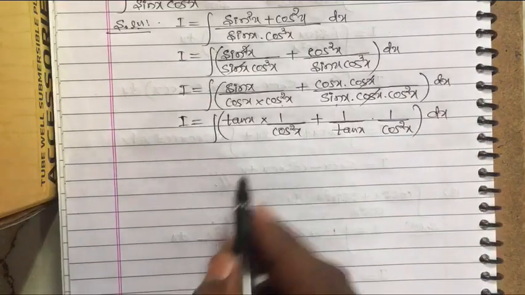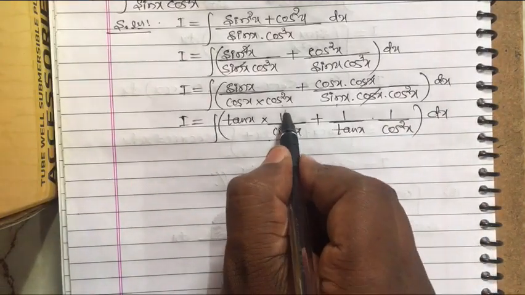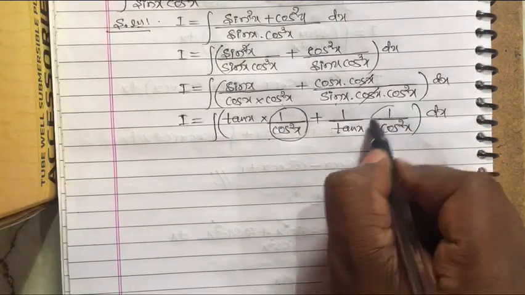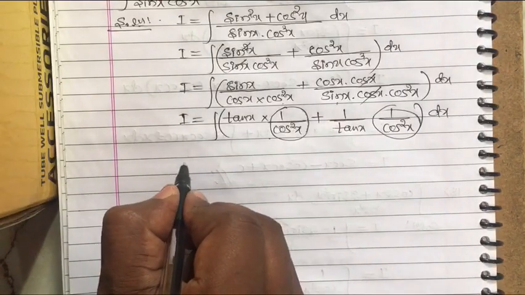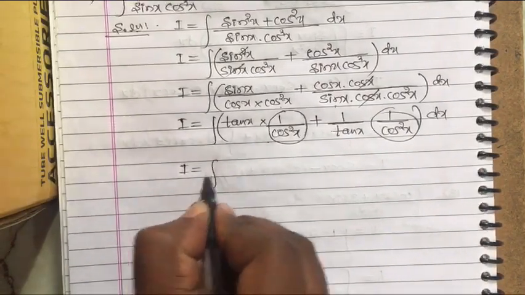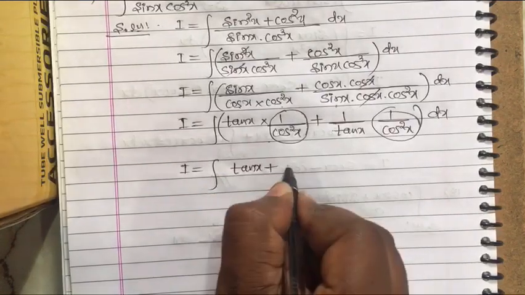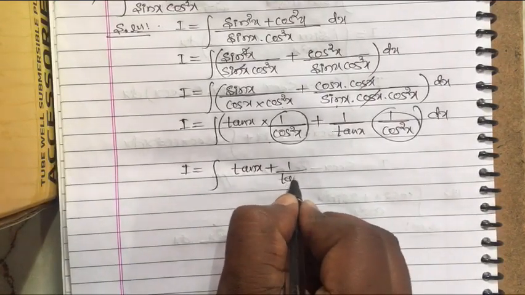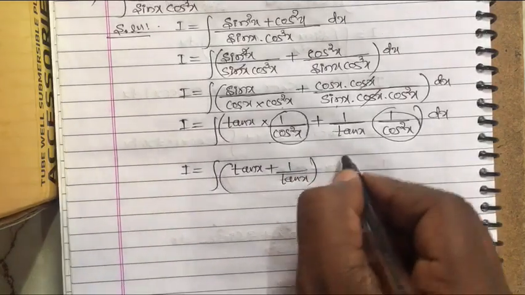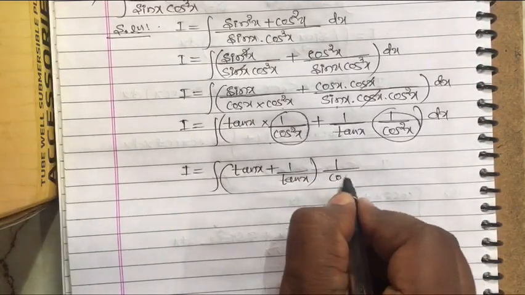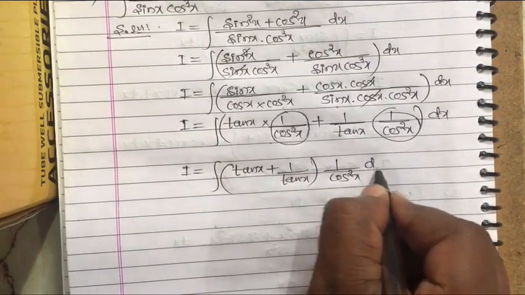Now in both the terms we can take 1 by cos square x common, so I equals integral of the term left out, tan x plus 1 by tan x, into 1 by cos square x dx.